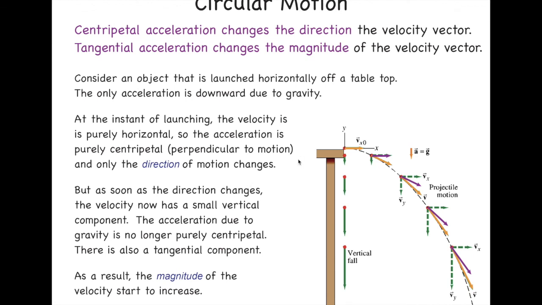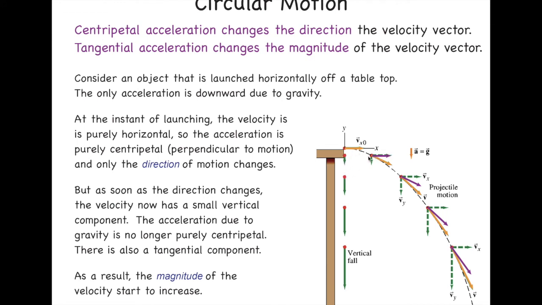But as soon as the ball is launched, because it was originally horizontal, but the centripetal acceleration is attempting to change its direction, as soon as that direction changes even the slightest bit, that velocity now has a vertical component to it, right? It's no longer purely horizontal if that direction is being changed by a downward pull.